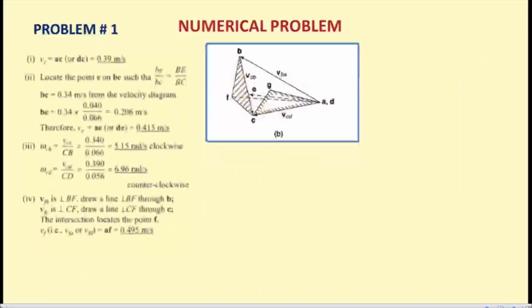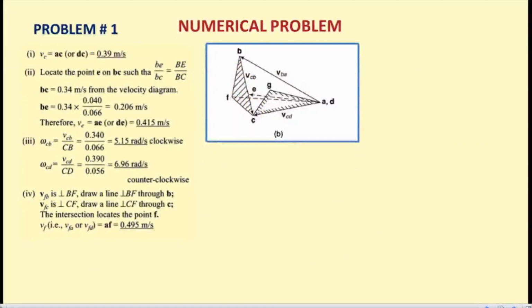So, continuing, we can find that the velocity of C is 0.39 meter per second, by measuring using a suitable scale. To find out the location of point E on BC, we know that the ratio of the velocity vectors and the actual lengths will be similar.